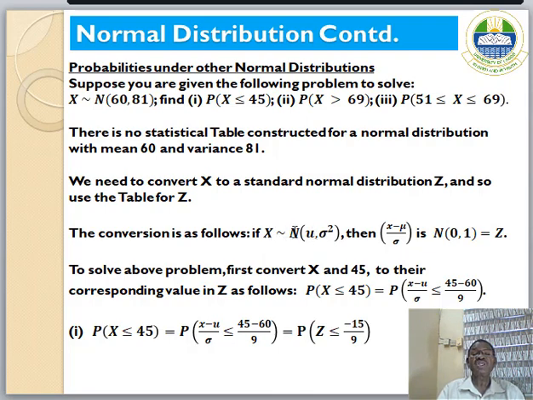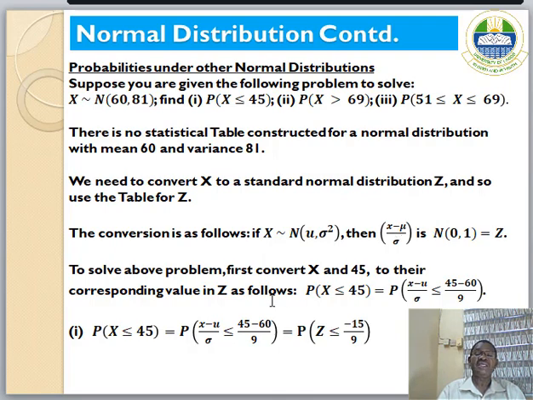If X is distributed as normal with mean mu and variance sigma squared, then if you subtract the mean from X and divide the quantity remaining by the standard deviation, we call it a transformation. The value of this quantity is Z.